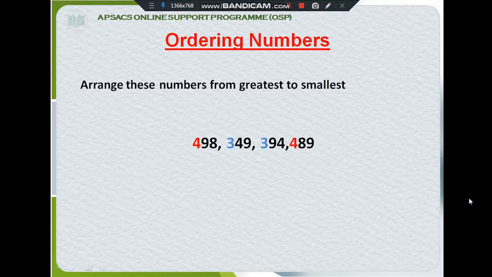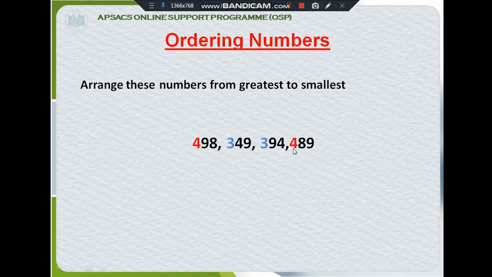After comparing, we are able to order the numbers. To order the numbers means to arrange them in a given sequence. For example, over here we have a question: arrange these numbers from greatest to smallest. Now we have 498, 349, 394 and 489. Now look here, at hundreds place we have 4, 3, 3, 4. So which is the biggest?